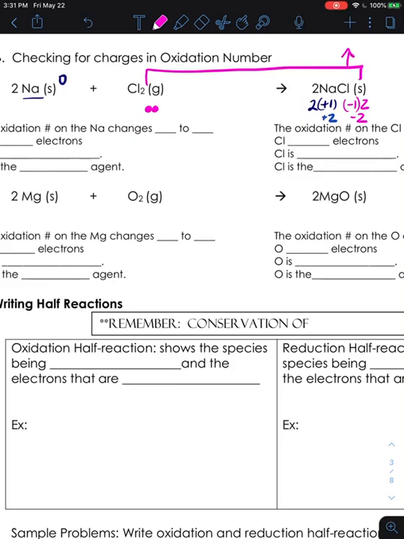Therefore, go back to Leo the Lion Says Grr. If it goes up in number, or it's gained electrons, grr, this one's going to be reduction.